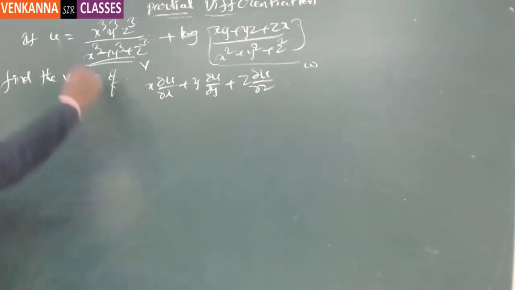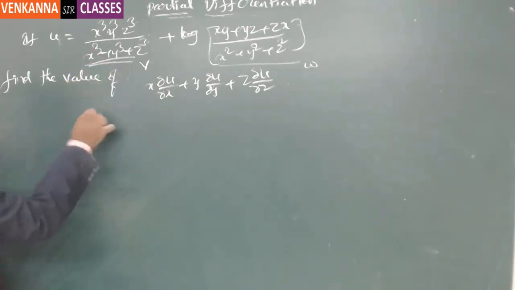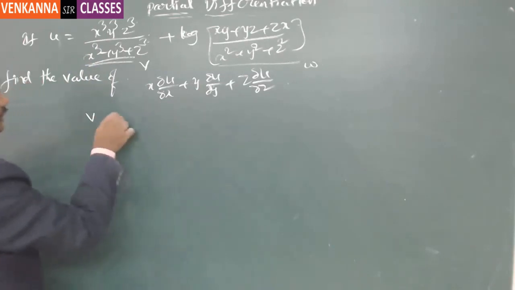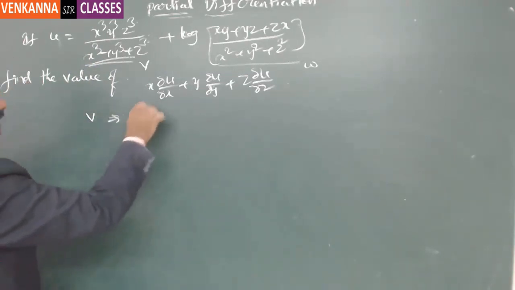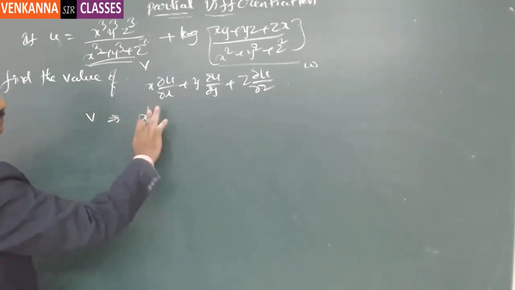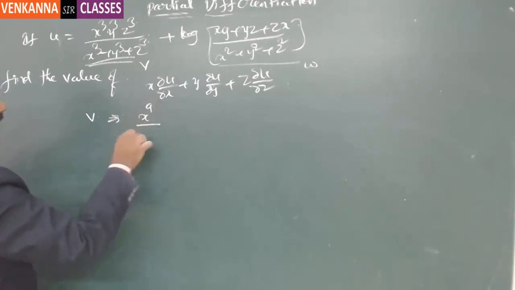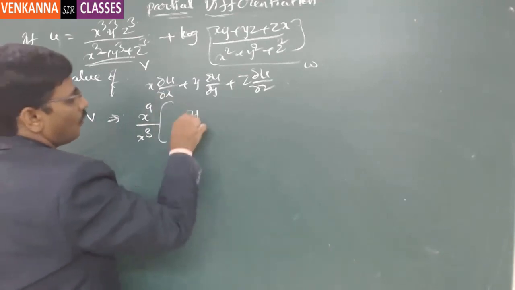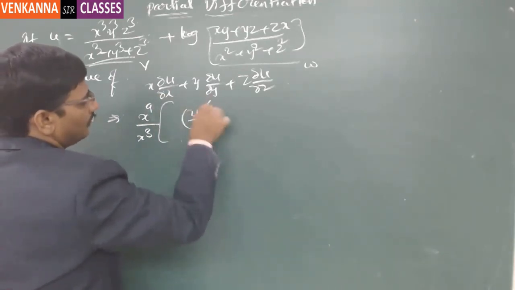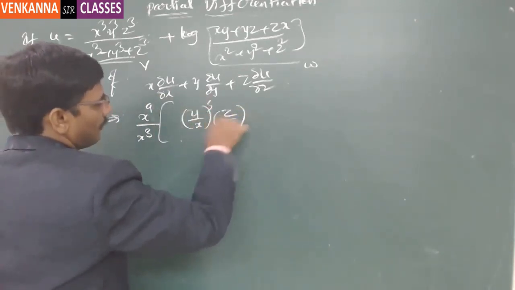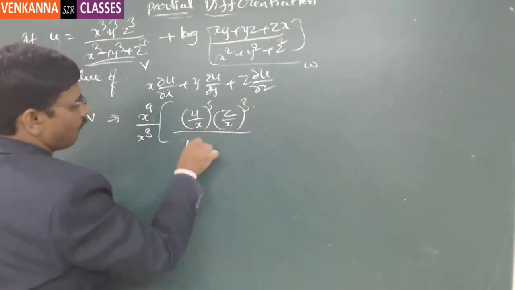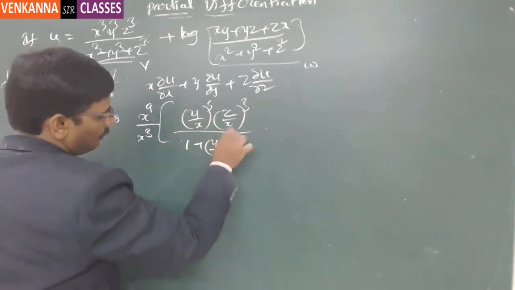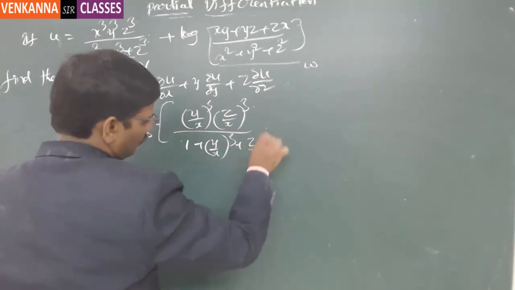Here this function we call V and this function we call W. Now V is nothing but x cube from the top and x cube from the bottom. If you take it out, then this will be y by x whole cube into z by x whole cube divided by 1 plus y by x whole cube plus z by x whole cube.